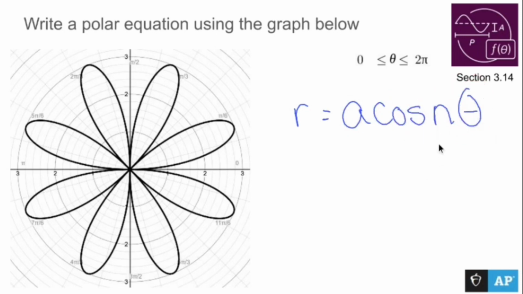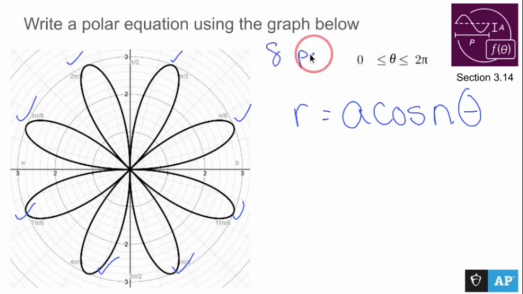What we learned is when I had an odd number in front of theta, I had that many petals. I have 1, 2, 3, 4, 5, 6, 7, 8 petals. This is an even number. So when I had an even number, I had 2 times that many petals.